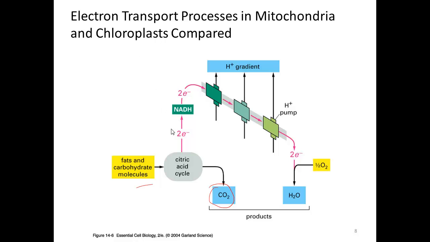As it's being oxidized, high energy electrons are being captured on NADH, which then will diffuse over to the inner mitochondrial membrane and donate those two high energy electrons to a series of 1, 2, 3 different protein complexes that all reside within the inner mitochondrial membrane.